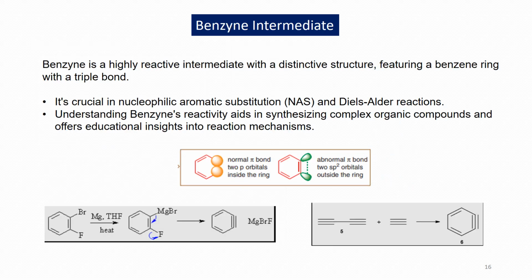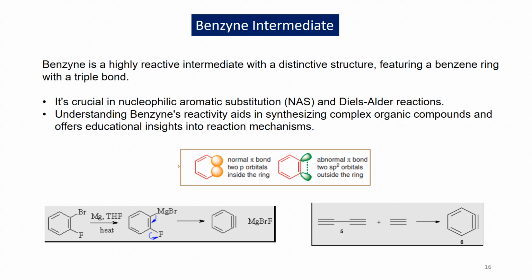Our next intermediate which we will discuss today is the benzyne intermediate. So how do we know that in a reaction a benzyne intermediate is forming? Benzyne is a highly reactive intermediate. Right now, recently, benzyne chemistry has been very famous. Some scientists are recently working on this chemistry.